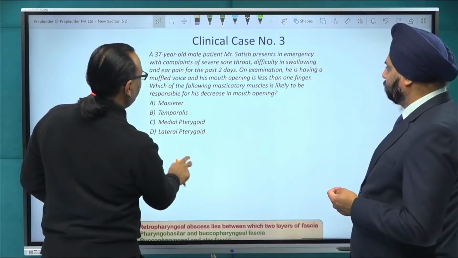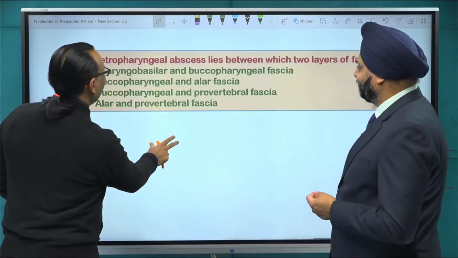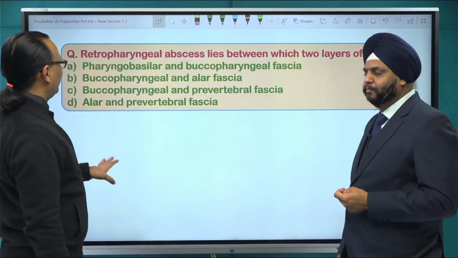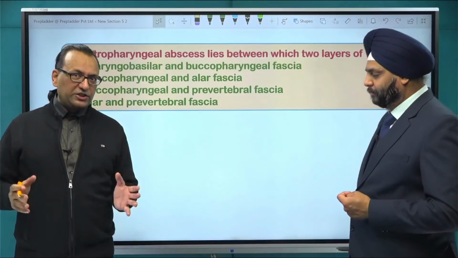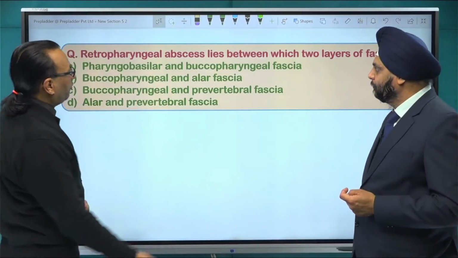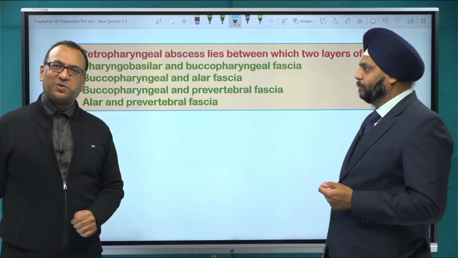So this is sir's question, and I have also got one question, which is from anatomy. It is actually about the same thing: parapharyngeal, retropharyngeal spaces, danger spaces, fascia. These are questions which appear quite frequently, and especially JIPMER people used to ask such questions.